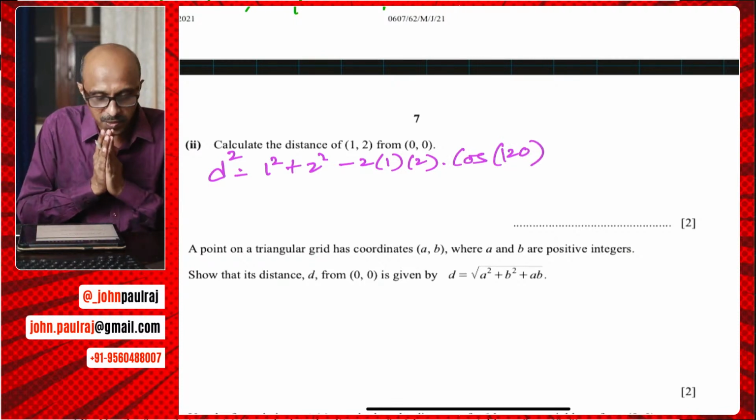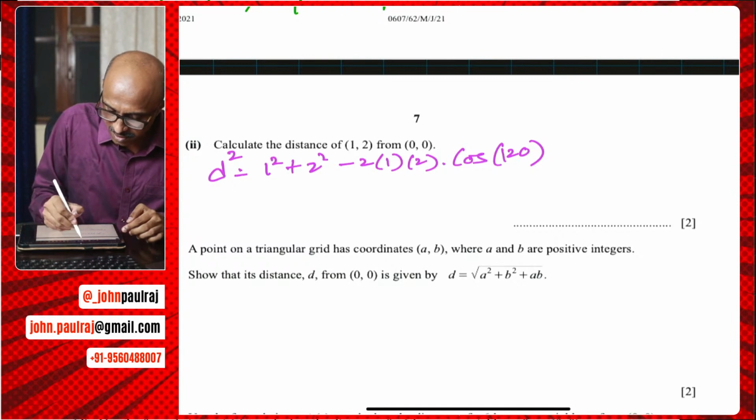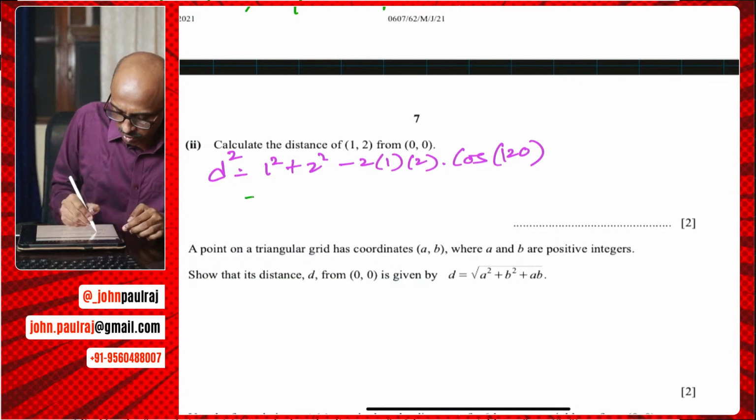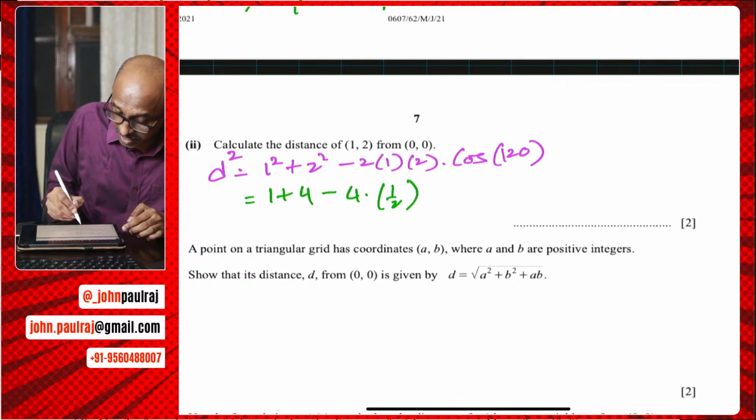You don't have to use the calculator, but you can if you want to. So this is 1 plus 4 minus 4 times negative a half, sorry, which becomes a plus 2. So it is 1 and 4 is 5, plus 2 is... 5 minus 2 is 3.